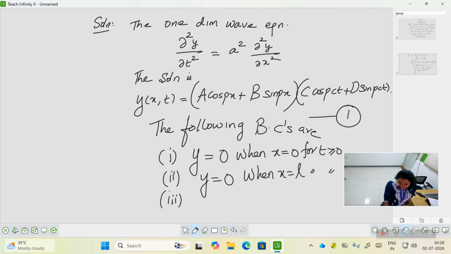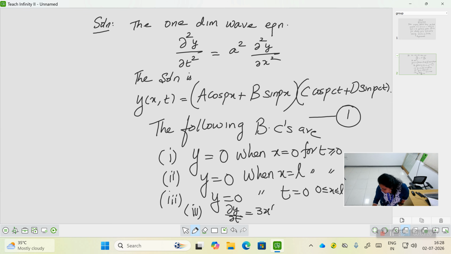Third one, again y equal to 0 when time equal to 0, because the length lies between 0 and L. Fourth one, the initial velocity is given in the question as 3x into L minus x when t equal to 0, for 0 less than or equal to x less than or equal to L.